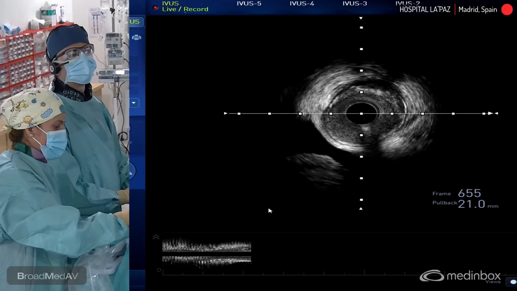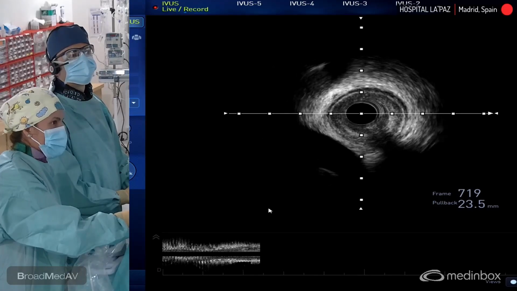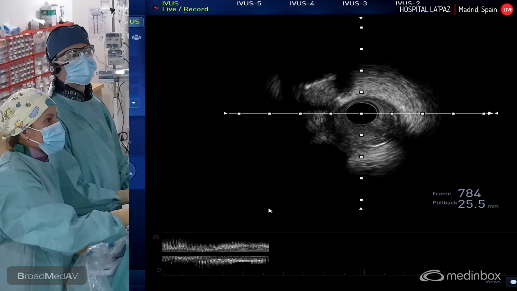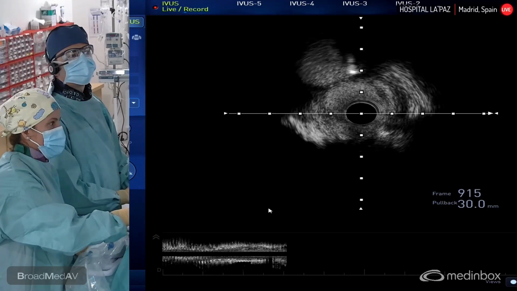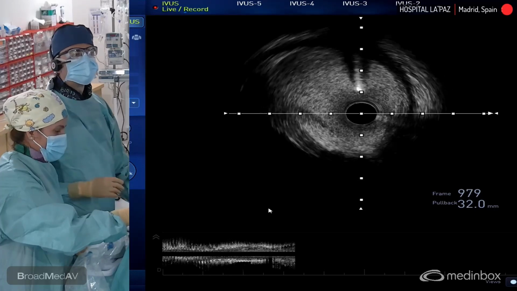And the proximal part is okay, and let's see the ostium again. Probably we have a couple of millimeters there.